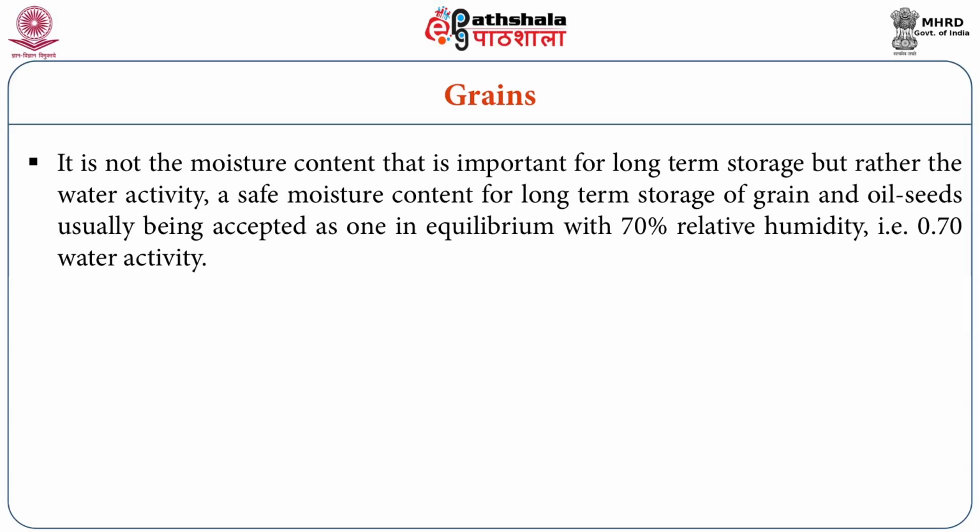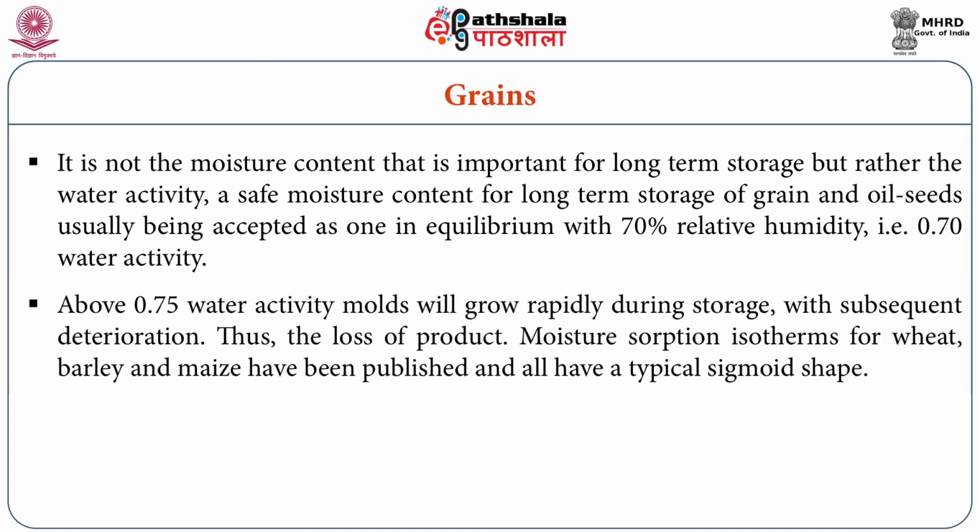A safe moisture content for long term storage of grain and oil seeds is usually accepted as that in equilibrium with 70% relative humidity, that is 0.7 water activity. Above 0.75 water activity, molds will grow rapidly during the storage with subsequent deterioration. Thus, the loss of product will occur.